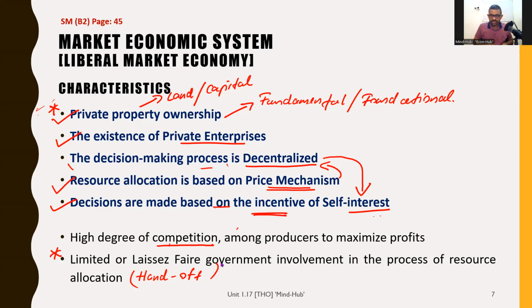So, without private property rights, no market economy. But to have private property rights, who cannot do it? The private sector cannot do it, because to have property rights, you need to have laws.